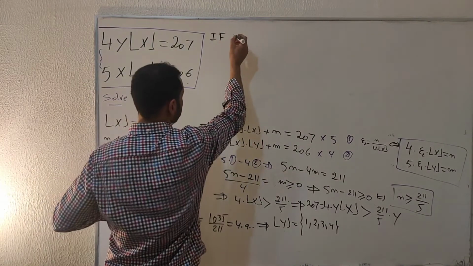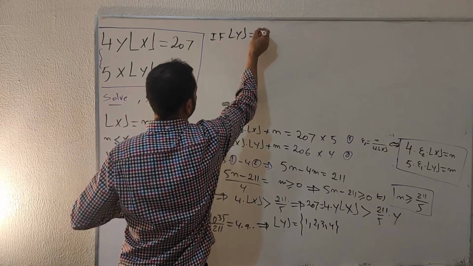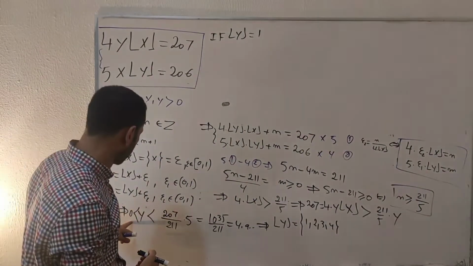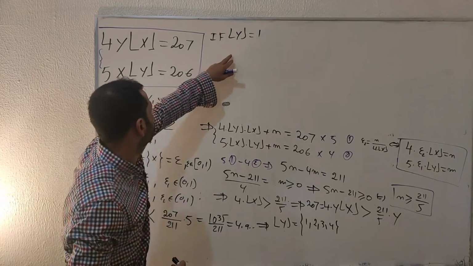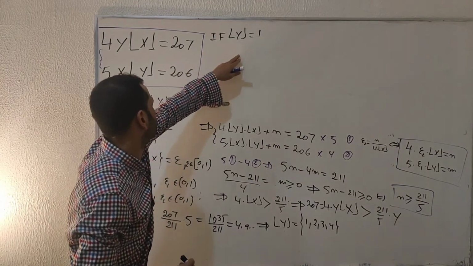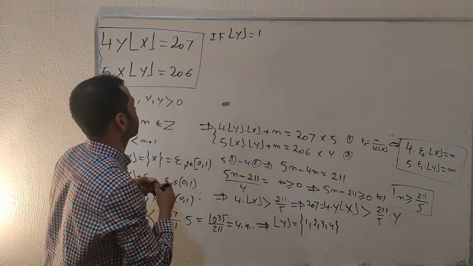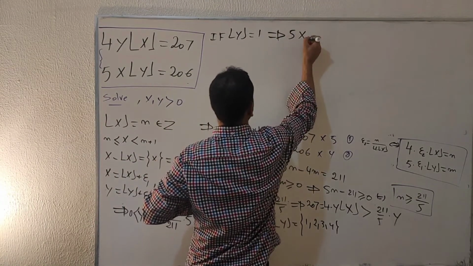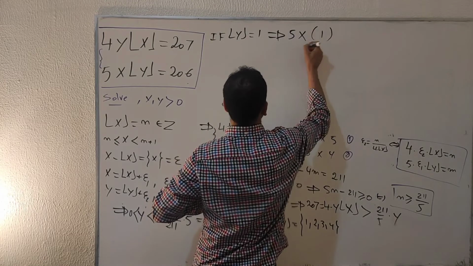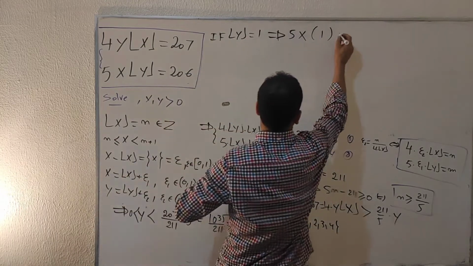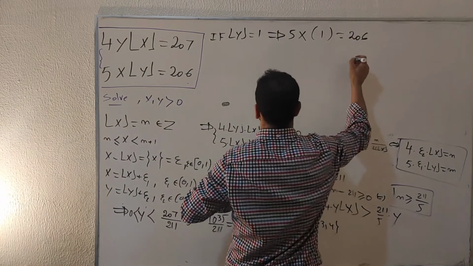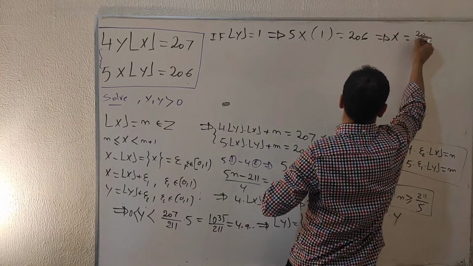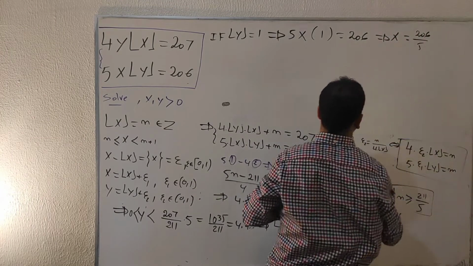The first case: the floor of y equals 1, not 0, because y is strictly superior to 0. I'm simply going to replace this value of the floor of y into the second equation to see what it gives us. I get 5 multiplied by x multiplied by 1 equals 206, which means x equals 206 over 5.